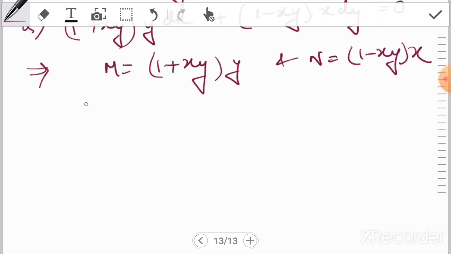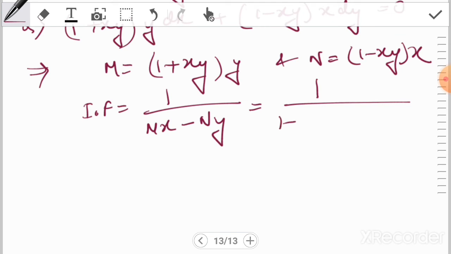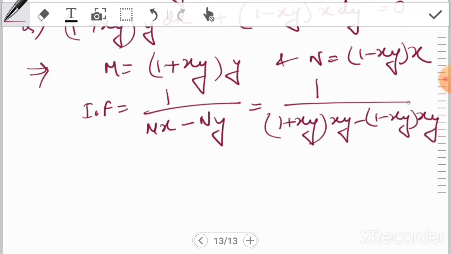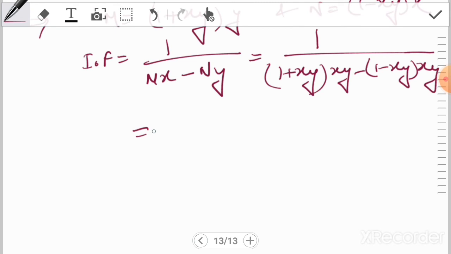Now the integrating factor will be 1 by (M times x minus N times y), which is 1 by [(1 plus xy) times xy minus (1 minus xy) times xy]. So which is xy plus x square y square minus xy plus x square y square. So xy gets cancelled, and this is equal to 2 times x square y square.